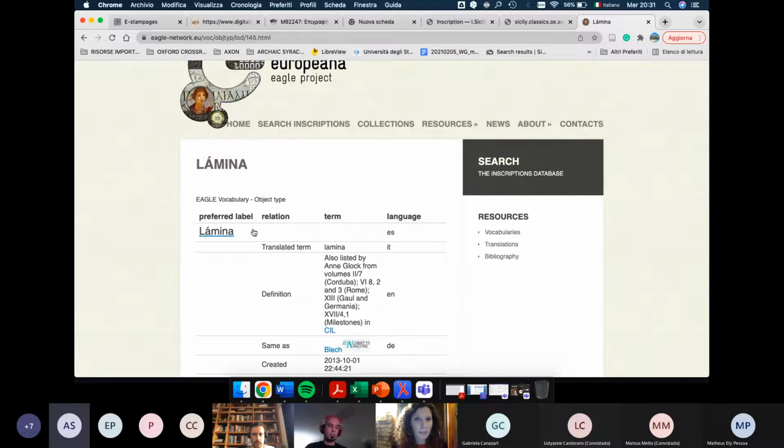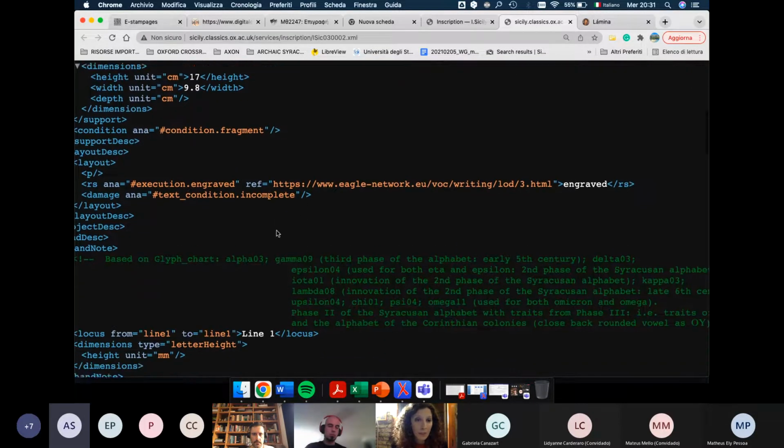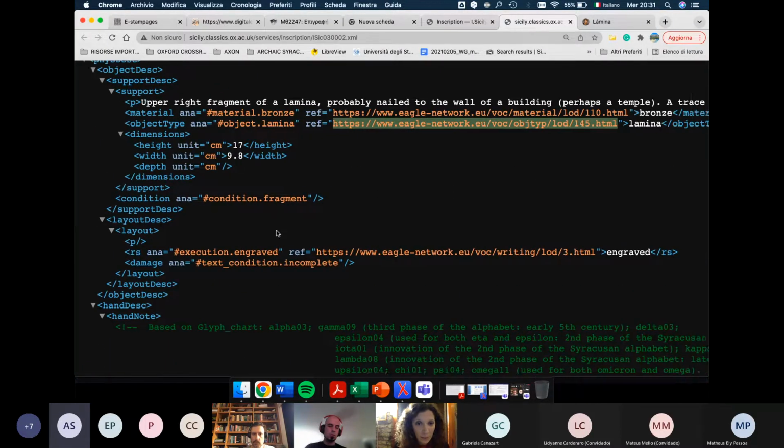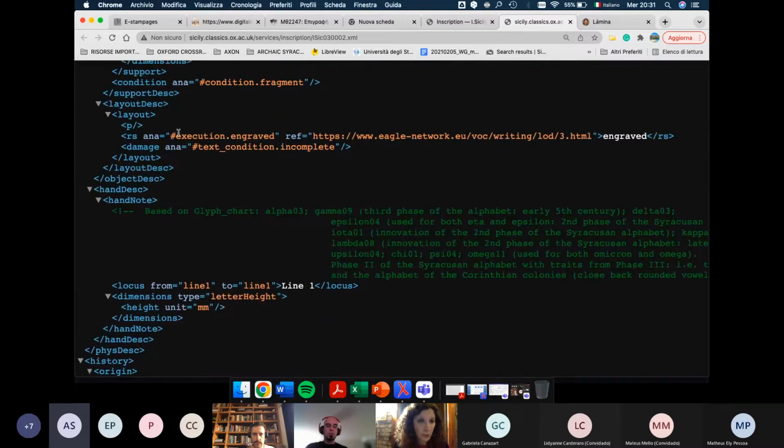Also because lamina is a very common term in different languages, so they just kept it simple. But also, for example, when you add the execution technique, when you add engraved, it's a common word, but what do you mean when you say engraved?